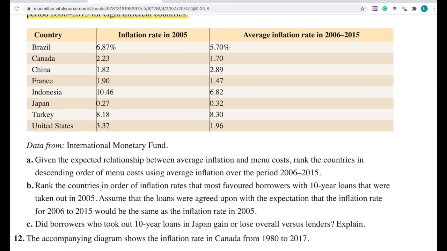Now in B, we have to rank the countries in order of inflation rate that most favored borrowers with 10 year loans that were taken out in 2005. So remember that if the inflation rate turns out to be more than expected, that's good news for the borrowers. So basically, we have to figure out the countries where the inflation rate between 2006 and 2015 turned out to be much higher than in 2005.